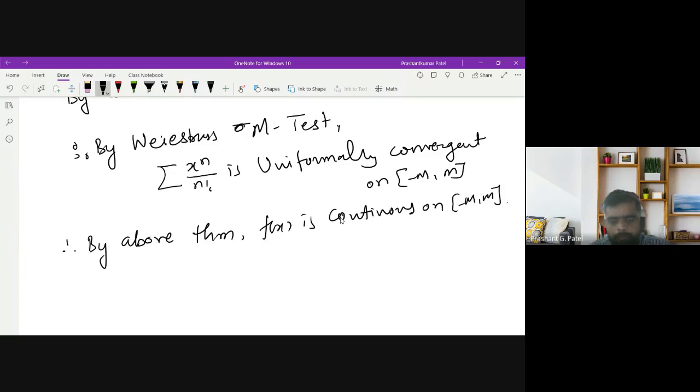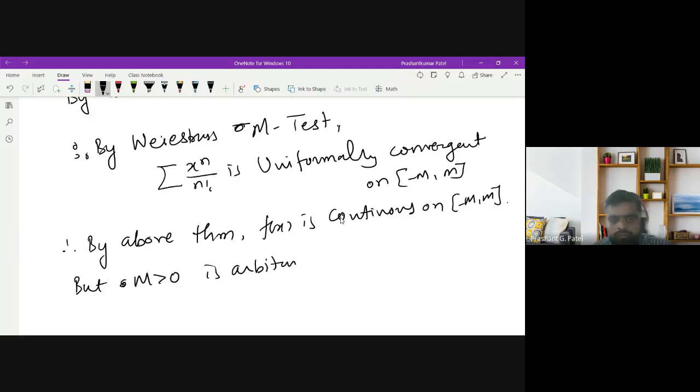But here I have taken m as an arbitrary number. There is no restriction on m, so m greater than 0 is arbitrary.